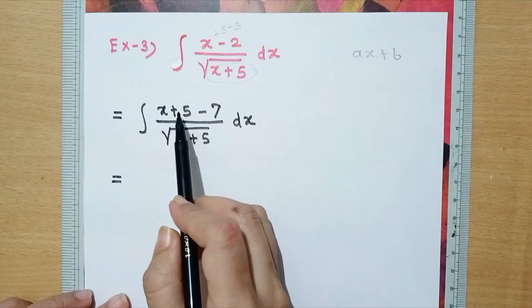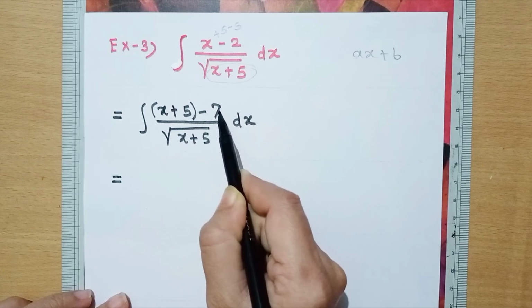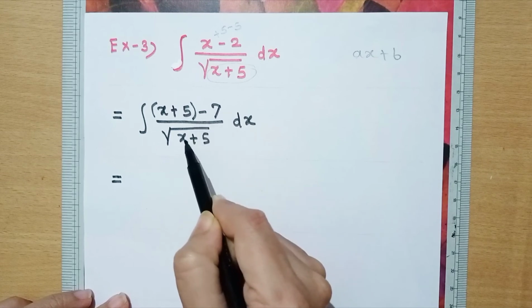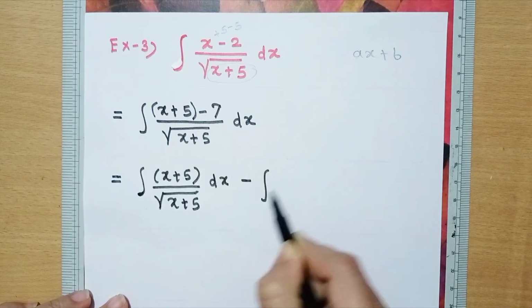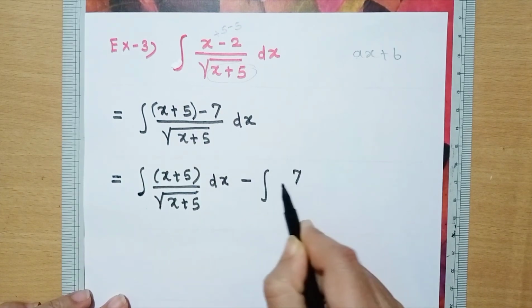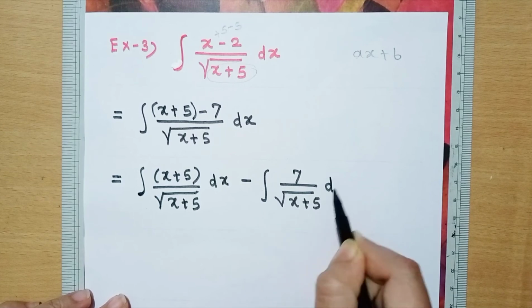Now since there are two terms in the numerator, this is the first term and this is the second term, we will write this denominator separately for each. And integration of this second term, 7 upon root x plus 5 dx.